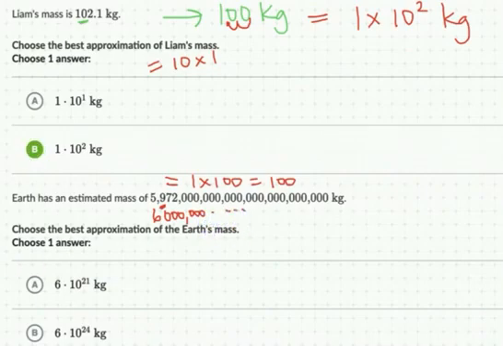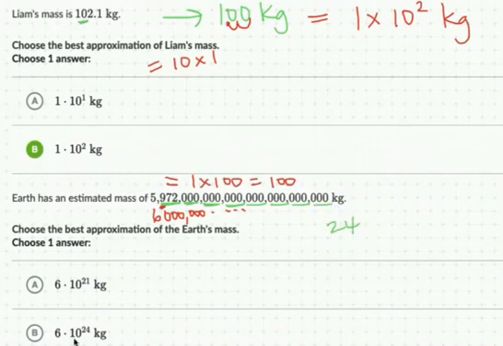I'm just going to go dot, dot, dot. So we need to count how many of those zeros there are. Each of these commas are going to count for 3. So it's groups of 3. 3, 6, 9, 12, 15, 18, 18 plus 3 is 21, and 24.